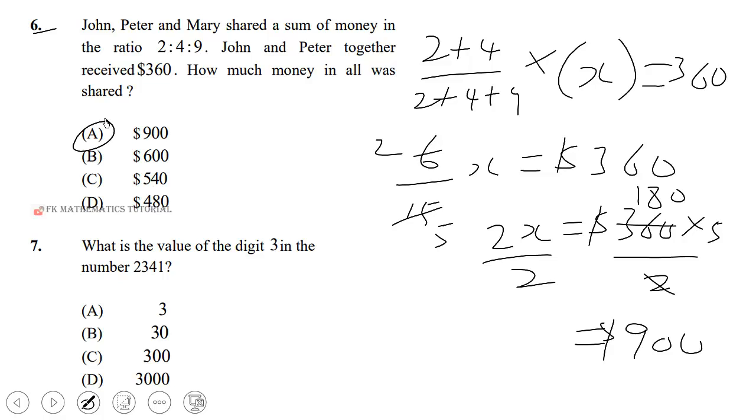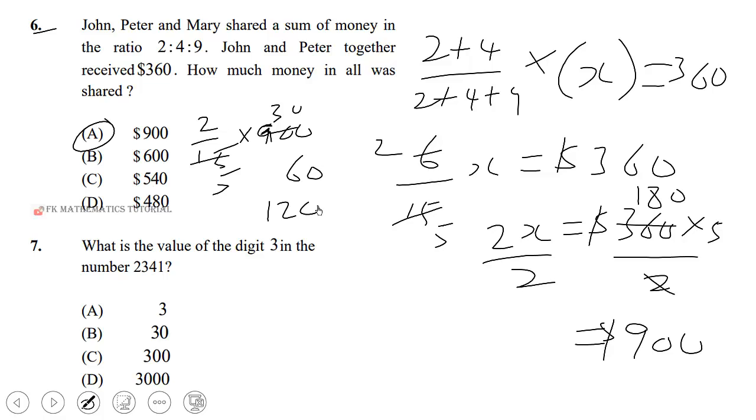The amount that will be received by John and Peter will be 6 over 15 times 900. 3 will go here 5 times, 3 here 300. 2 times 60 is 120.